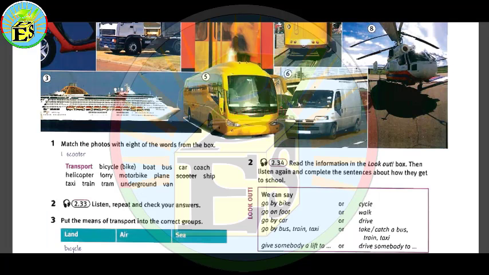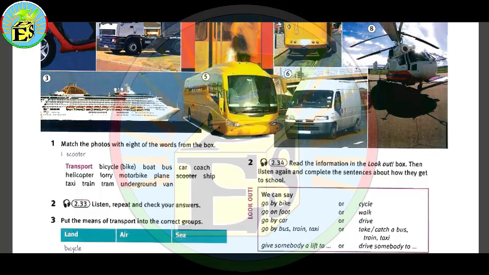Okay, so you might be wondering, what are we supposed to do with the rest of the words? We still have 8 words within this box that relate to activity number 1. What we are going to do with these words is use them in activity number 3.